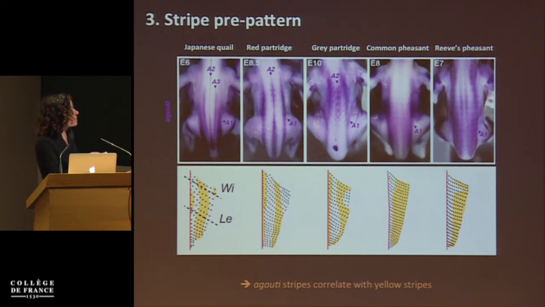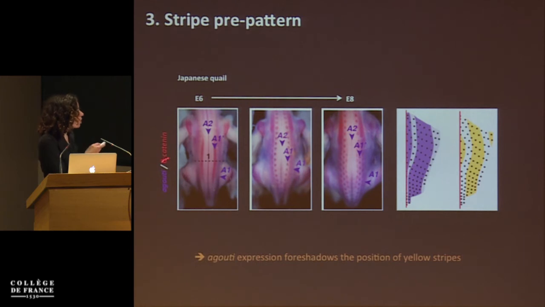So to confirm this spatial correlation, Nicolas has performed double in situ hybridization for both agouti and beta-catenin at different stages of the quail development, because by doing so, he could define which feather rows have expressed agouti in their presumptive domains.